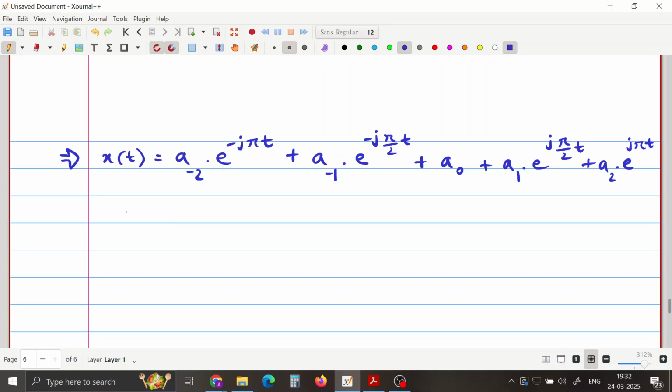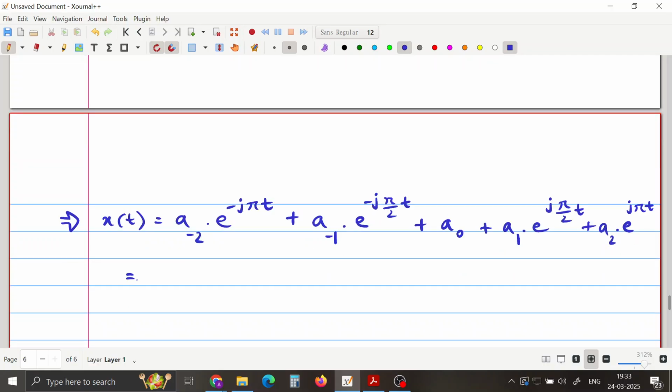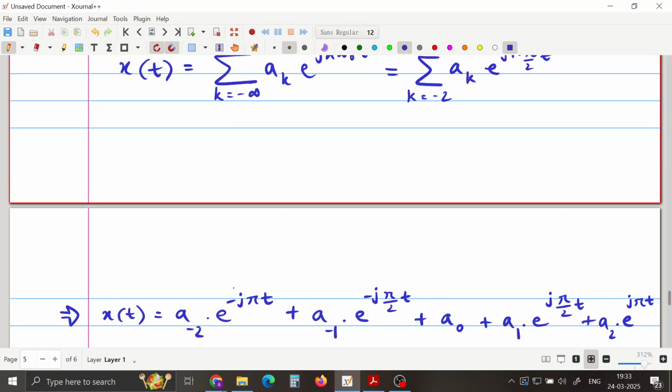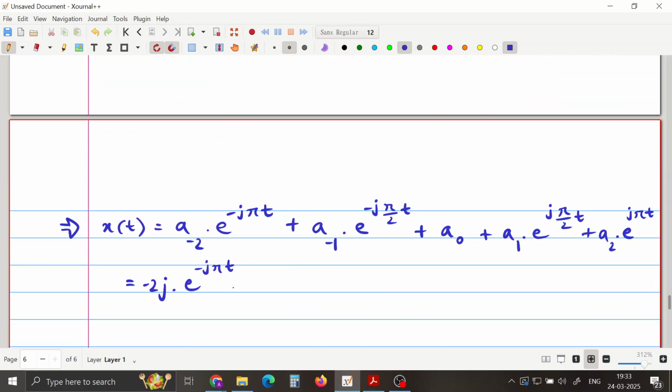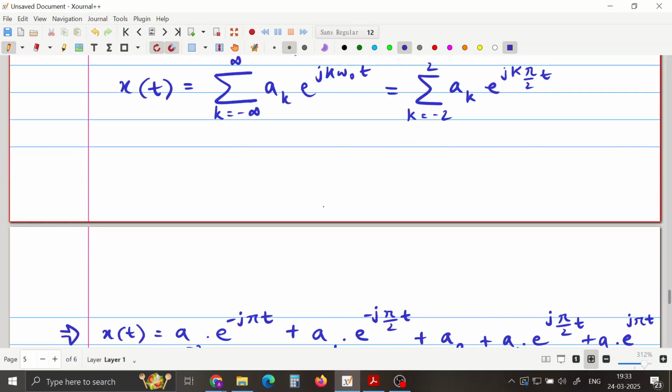Okay, now let's compute this. A minus 2, what was a minus 2? It is minus 2j, so minus 2j into e power minus j pi t, plus a minus 1, what was a minus 1? Minus j, so this is minus j into e power minus j pi by 2 into t, plus a naught, what was a naught?